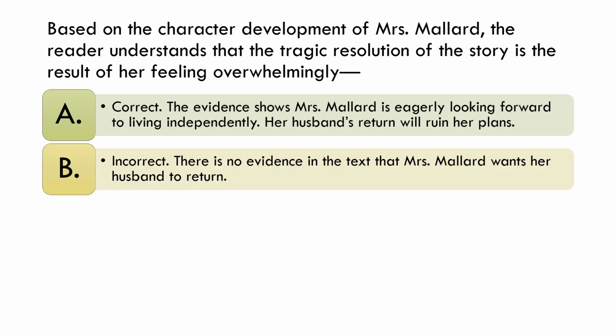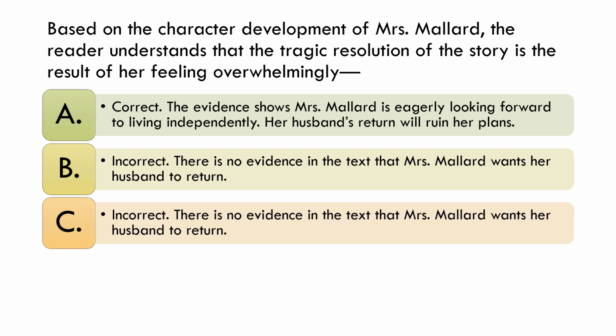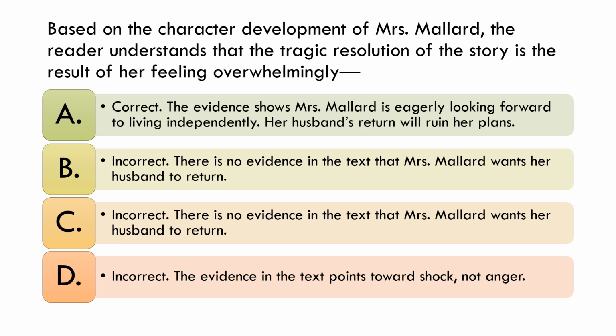B is incorrect. There is no evidence in the text that Mrs. Mallard wants her husband to return. C is incorrect. There is no evidence in the text that Mrs. Mallard wants her husband to return. D is incorrect. The evidence in the text points toward shock, not anger.